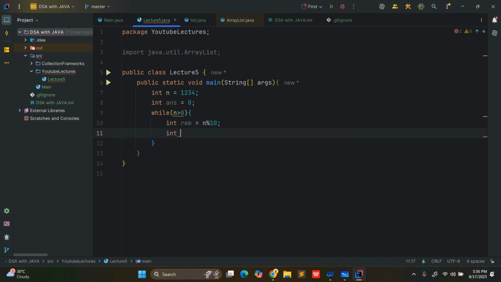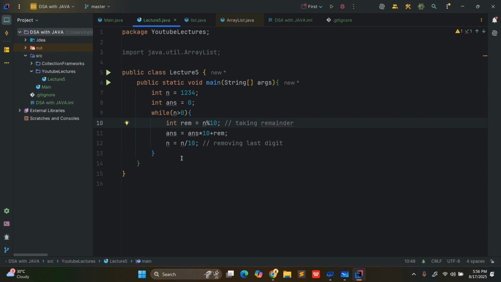I want to update my answer: every time I multiply it by 10 and add the remainder. After that I need to update my n here, removing the last digit, after taking the remainder.